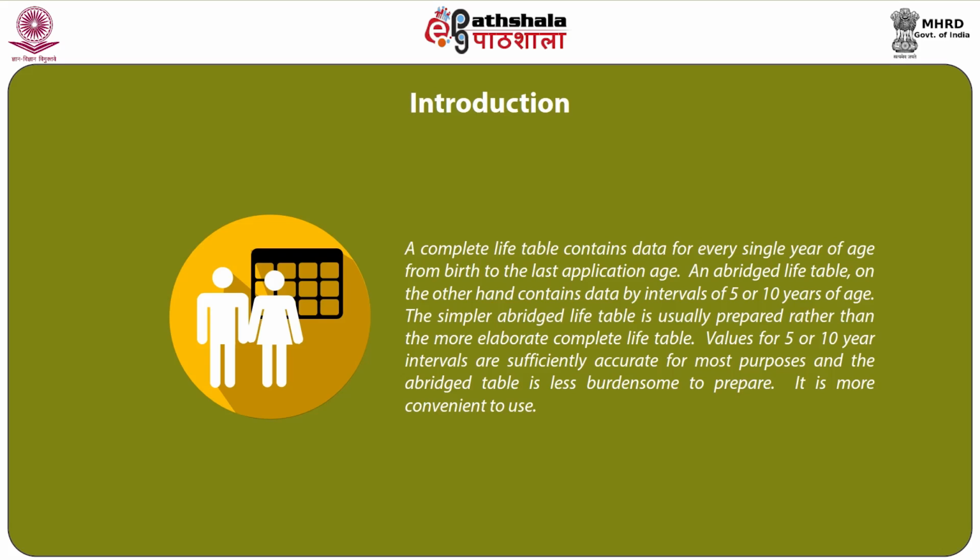Values for 5 or 10 year intervals are sufficiently accurate for most purposes, and thereby the abridged table is less burdensome to prepare. It is also more convenient to use for various demographic analysis.